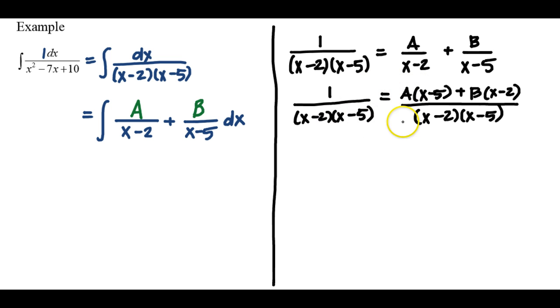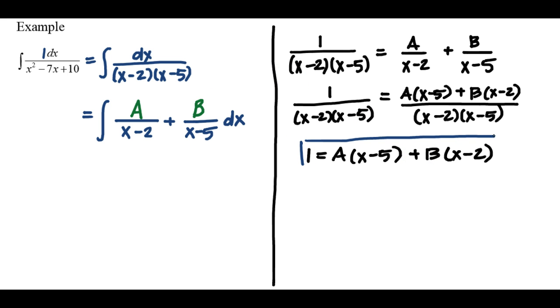So I'm just going to ignore the denominators now, and I'm going to focus on this line. 1 has to equal a times x minus 5 plus b times x minus 2. So that's what I'm going to focus on right now. I'm going to go ahead and just box that in to indicate that's what I'm working on. So I need to find a and b.